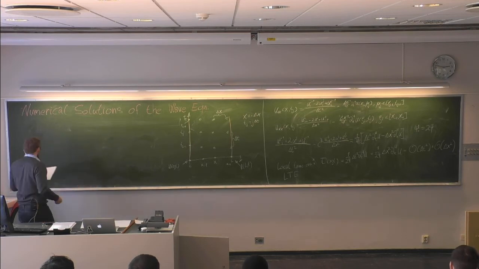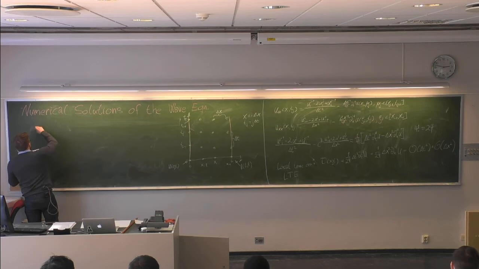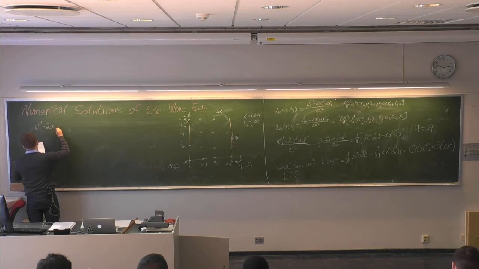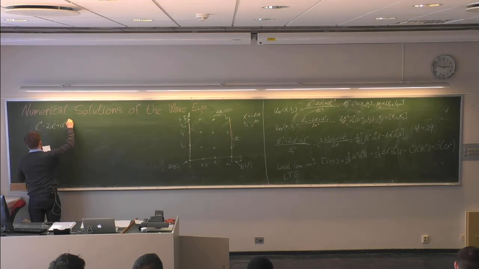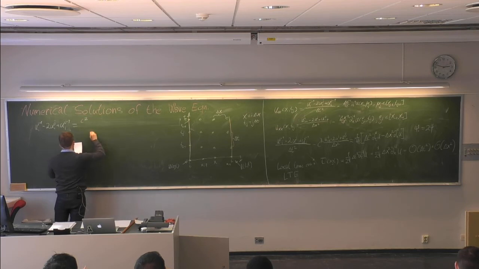So we just ignore it, and then we can solve this for the next time step and we will get u_{i,j+1} minus 2u_{i,j} plus u_{i,j-1} equals c squared delta t squared over delta x squared.